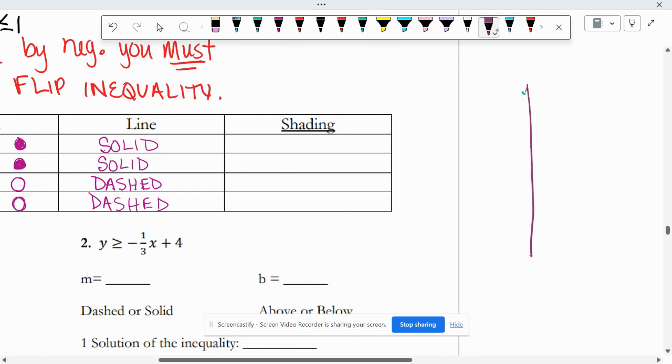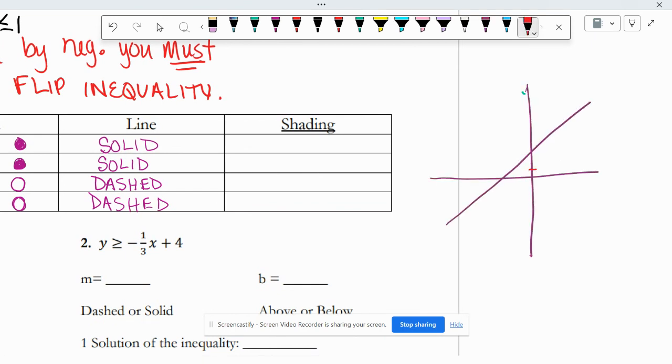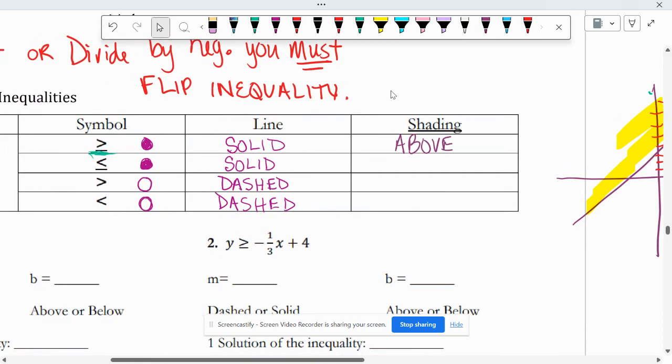If I had this, and I just drew a line right here, and I said all of the y values are greater than the line you just drew. Are you going to shade above the line or below the line? You're going to shade above it, right? So when you have the greater than symbol, you shade above, whether it's greater than or equal to, or just greater than.